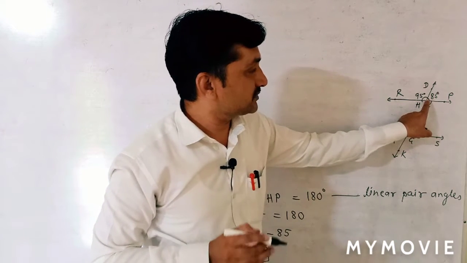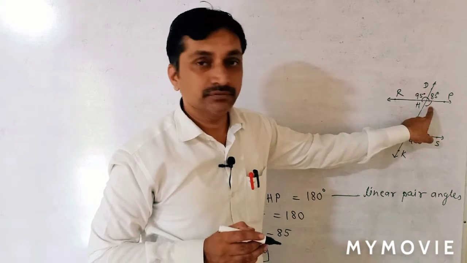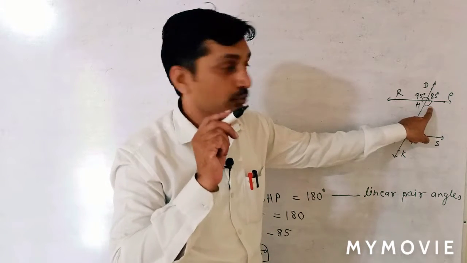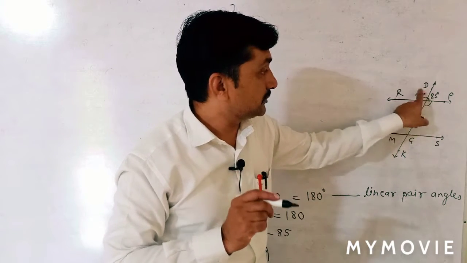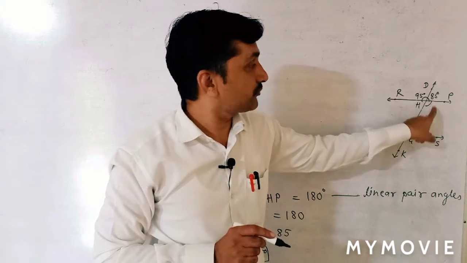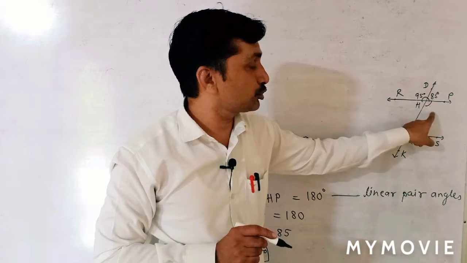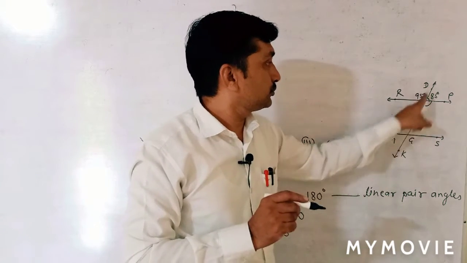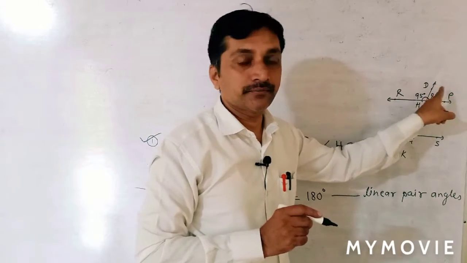See, both angles are opposite. These are vertically opposite angles, and we know vertically opposite angles are congruent, and that's why PHG is equal to RHD.